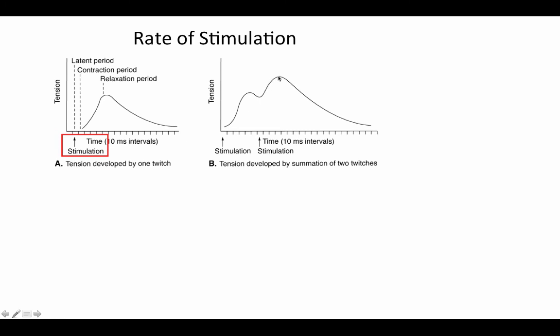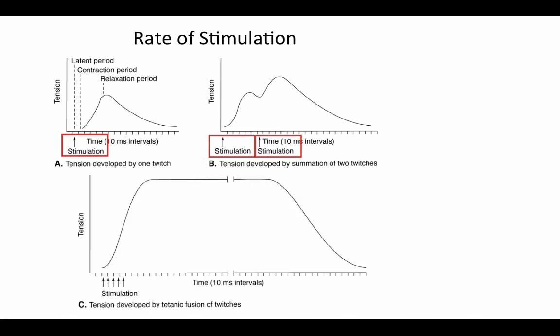You can actually increase the amount of force that's generated because you keep that calcium in the cell environment for longer. You can make more and more cross bridges, and they can shorten to a greater extent and reach that higher level of force. Again, you've got two stimulations here, the second one occurring before the muscle fiber is fully relaxed. You can get an increasing amount of force.